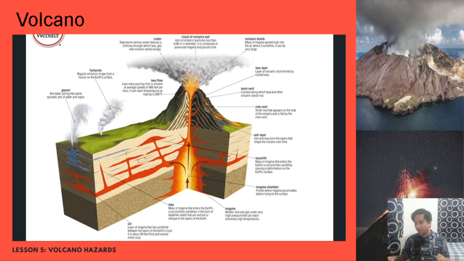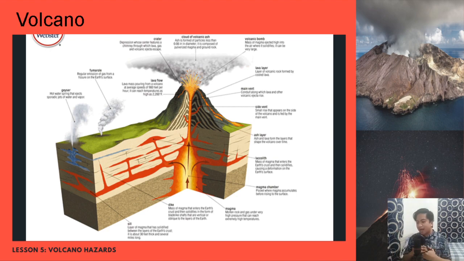Next, we have your lava layer. Your lava layer is the layer of volcanic rock formed by the cooled lava. As you can see, the outermost portion of your volcano is made up of your lava layer. Kumbaga nagbugnaw na siya nga lava. That is why there is a black or dark appearance itself.